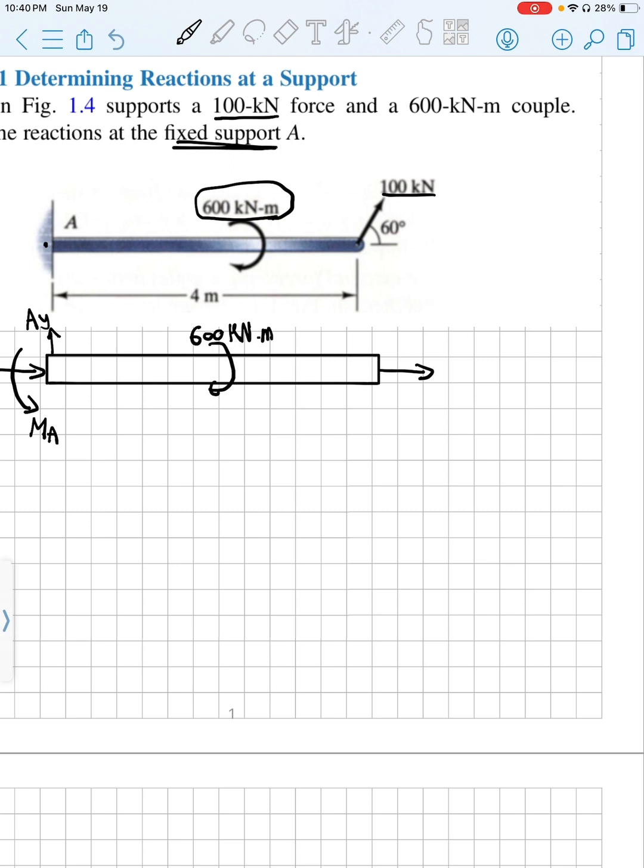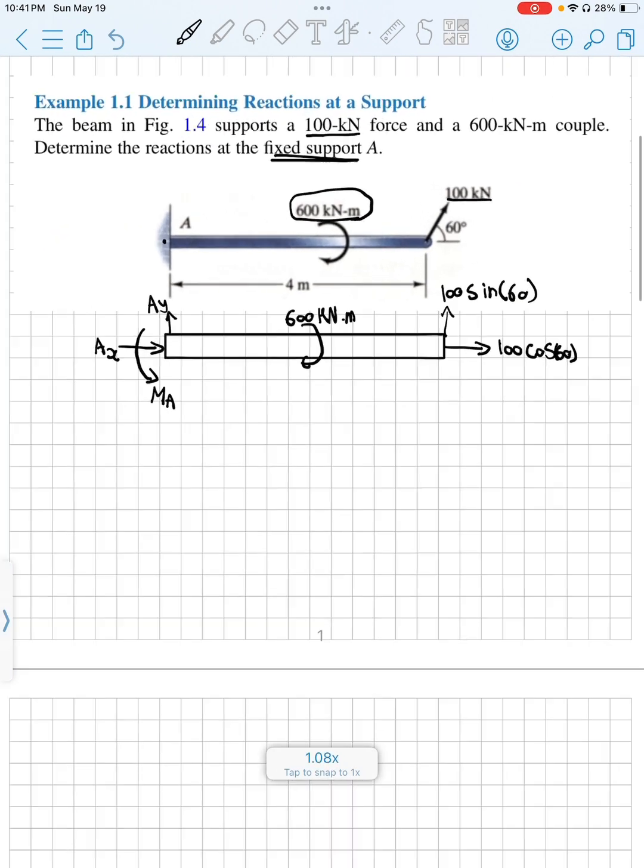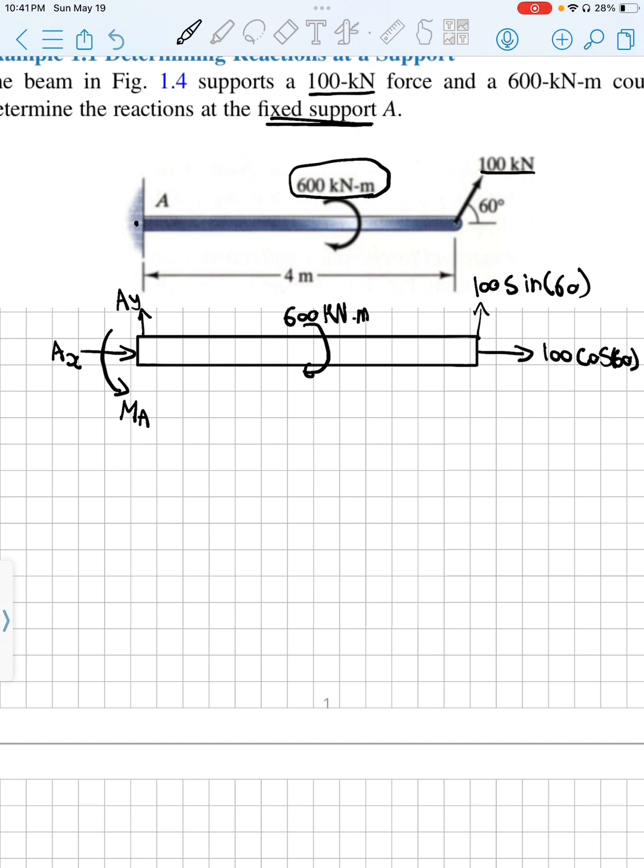So basically that will be 100 cosine theta, which is cosine 60, and up it's gonna be 100 sine theta, which is sine 60. Okay, and now we have all what we need to solve this problem. All the forces are now right here.